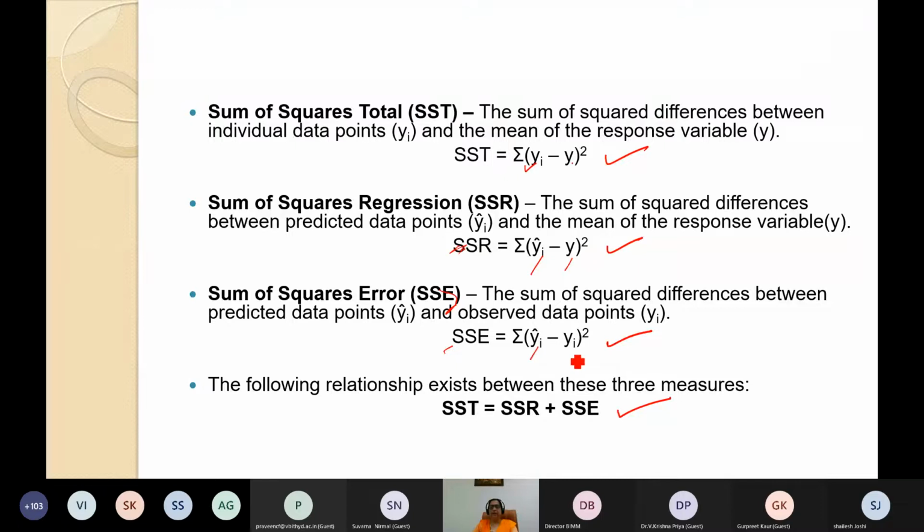This is the predicted value minus the observed value, which gives us the error component. Sum of squared error, and it can be positive or negative. That is the reason we square it. As you must have read yesterday, we tried to find the mean absolute deviation, mean squared error, and mean percentage deviation.